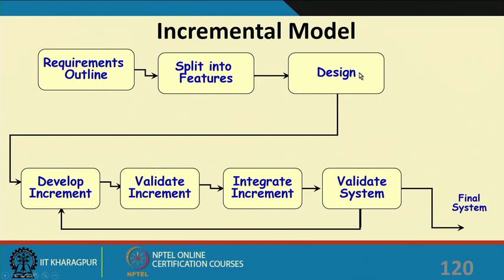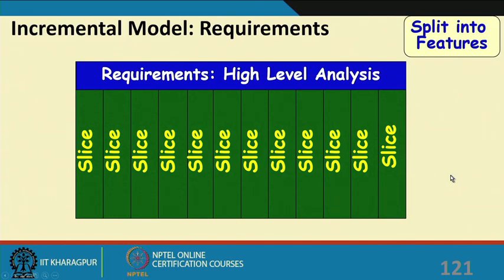There is an overall design, and then each time one increment is taken, developed, validated, integrated with the previous increment, the system is validated and delivered to the customer, feedback is taken, the next increment is developed, and so on until the final system is obtained.